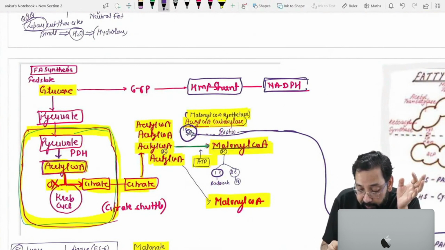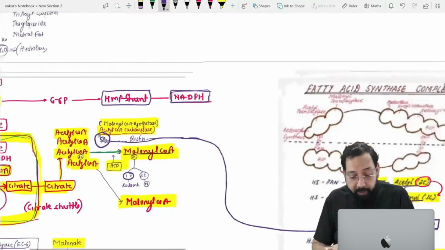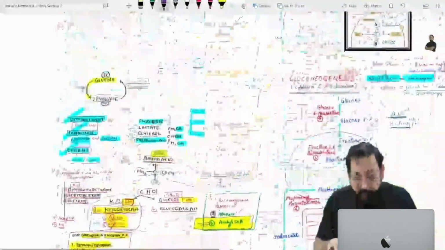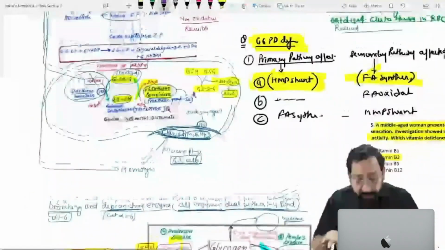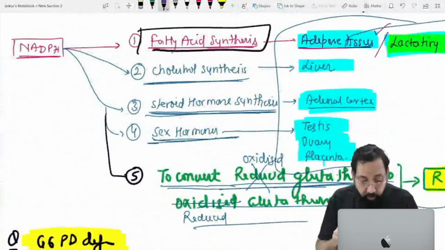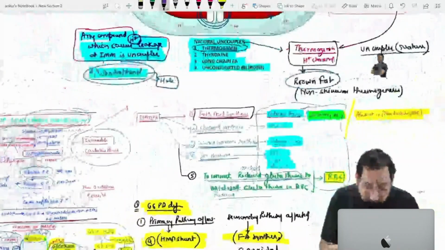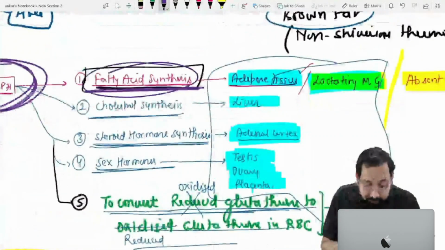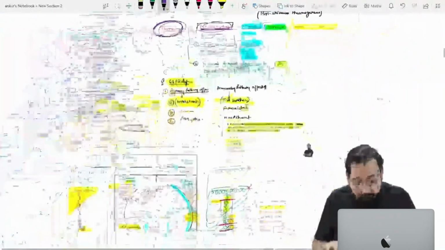NADPH is produced in the HMP shunt and is used for fatty acid synthesis, cholesterol synthesis, steroid hormone synthesis, and to convert oxidized glutathione. So wherever reduction is required, you require NADPH, and it is required in fatty acid synthesis.